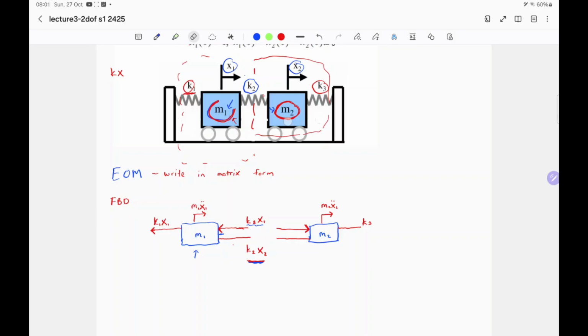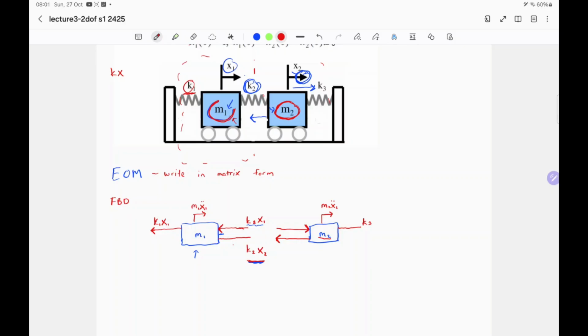Now since we know that x2 for mass 2 is moving to the right hand side, K2 x2 will try to resist the movement of mass 2 that tries to go to the right. So K2 x2 on mass 2 will move to the left hand side.